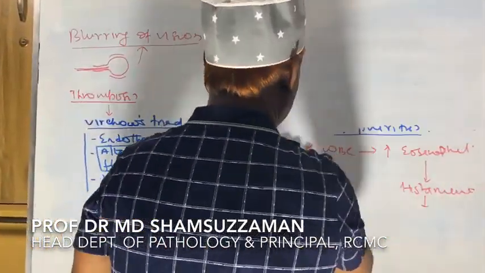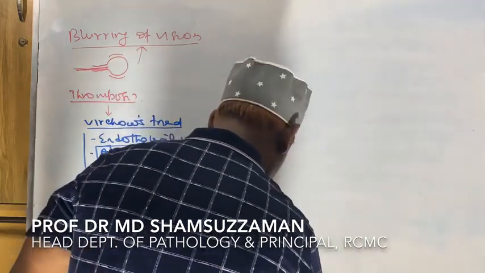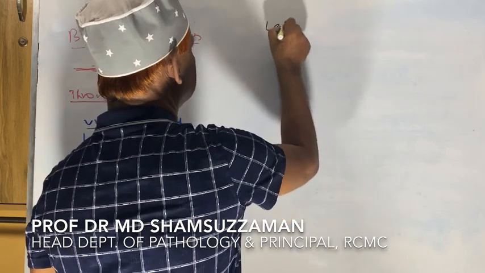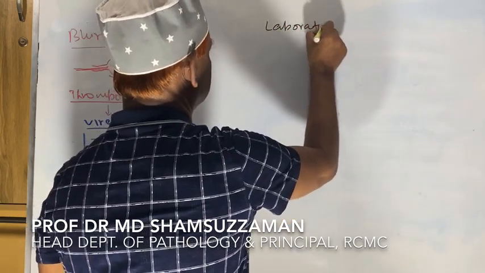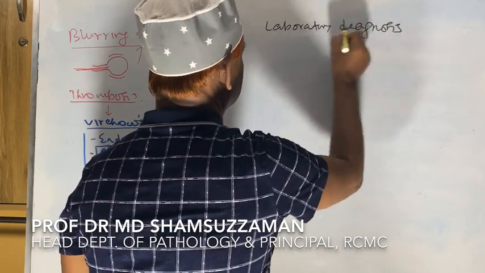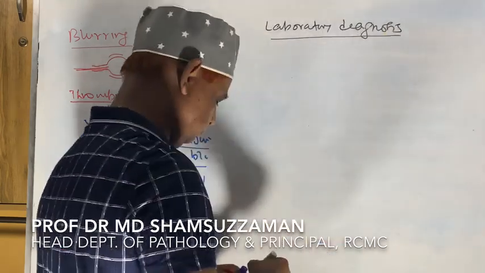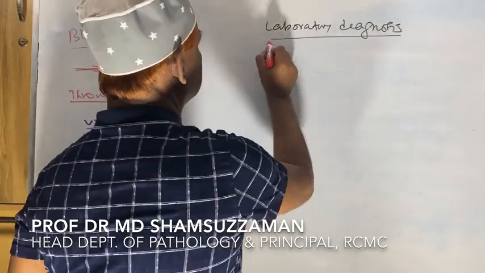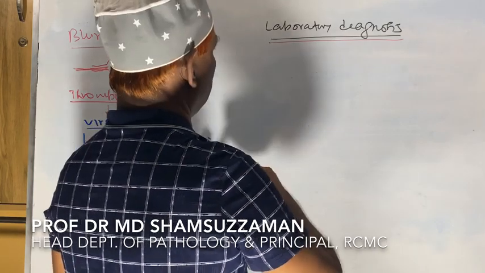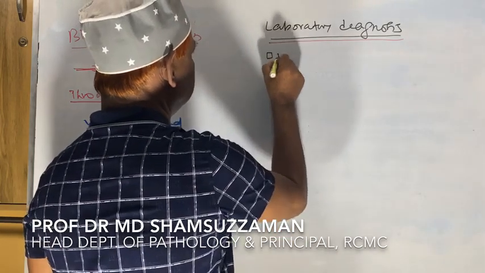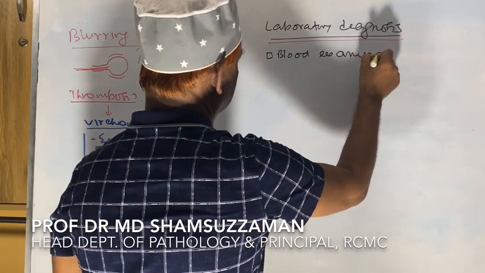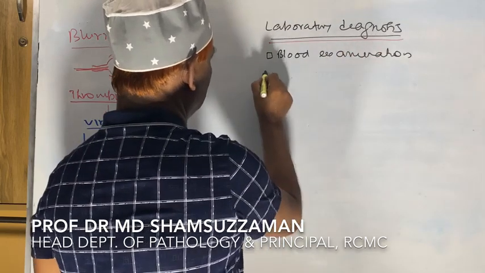Now come to laboratory diagnosis of polycythemia vera. We have to do blood examination and bone marrow examination.